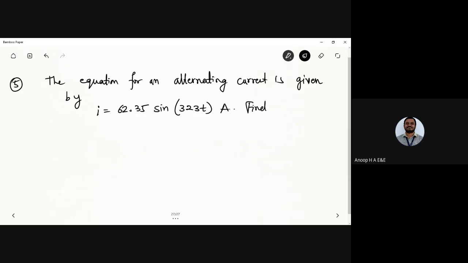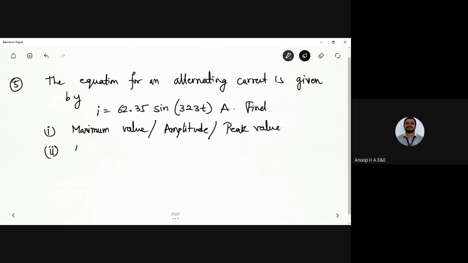Find first, the maximum value, or we call it amplitude, or the peak value.